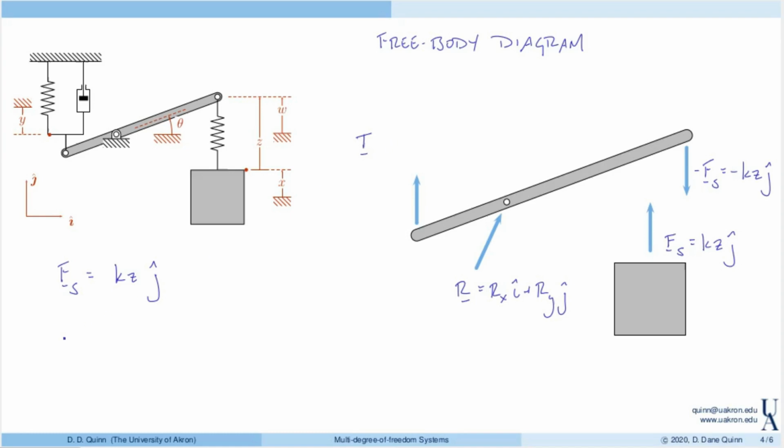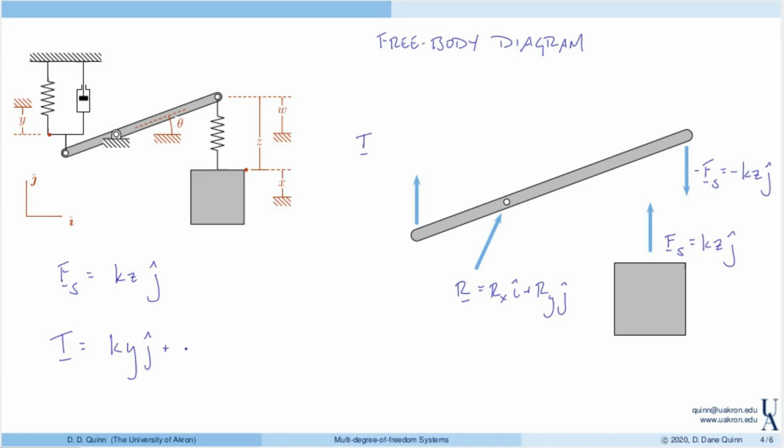Now finally, the tension, or the force acting on the left, is a combination of the force in the spring and the force in the damper. So here, if y is positive, so that the left side moves down, then this force is up due to the spring, and it's k times y in the j direction. Likewise, if y dot is positive, then the force from the damper adds to that.